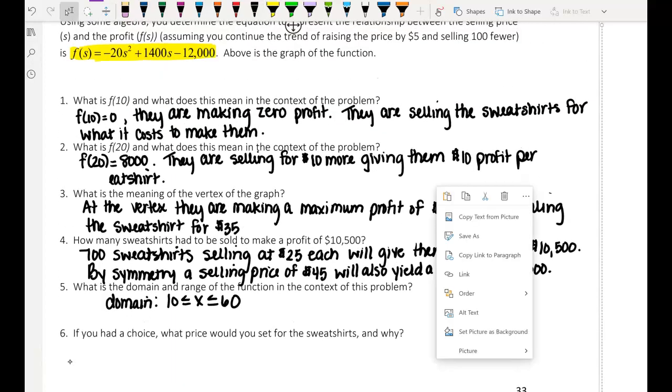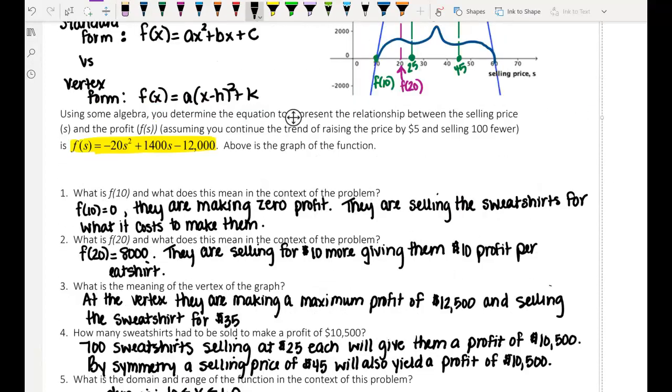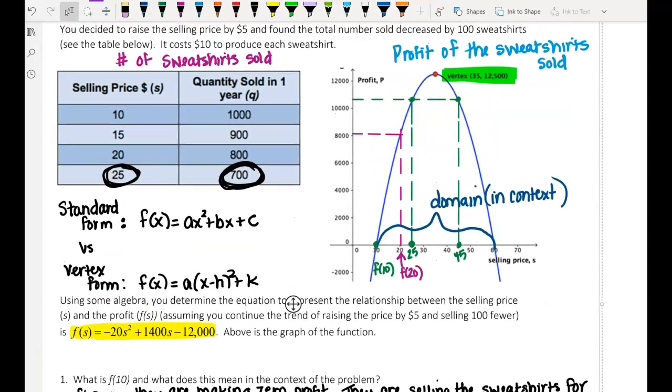And my range for the function, we usually say that the range is just below from the vertex below. But again, I can't go below. So my range is just going to go from 0 up to my profit point of 12,500. So this is my range.